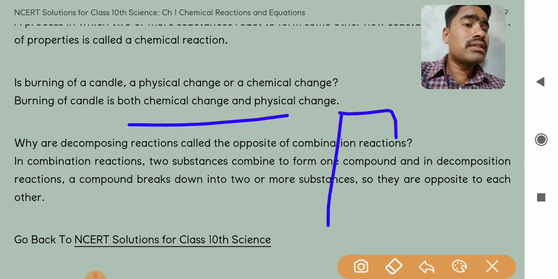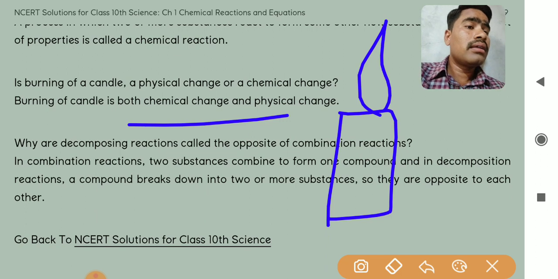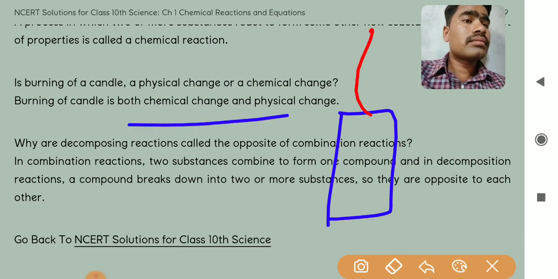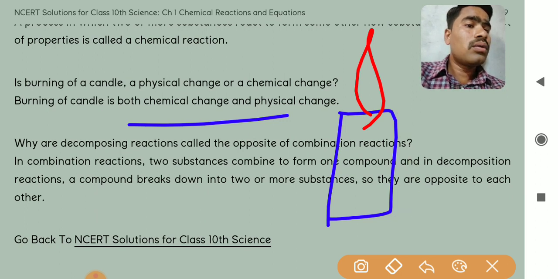For example, this is a candle. When it burns, the wax of the candle melts like this, and this melting is a physical change.